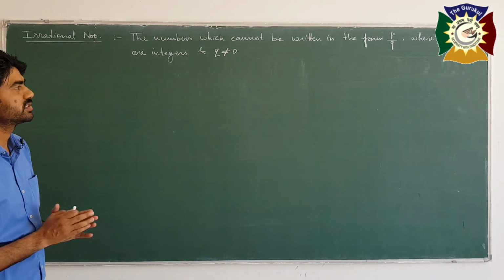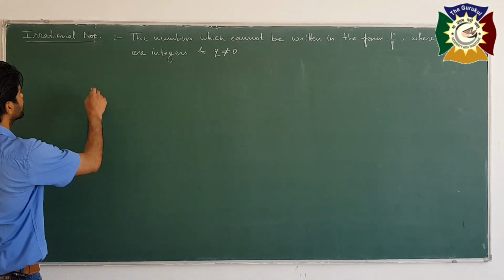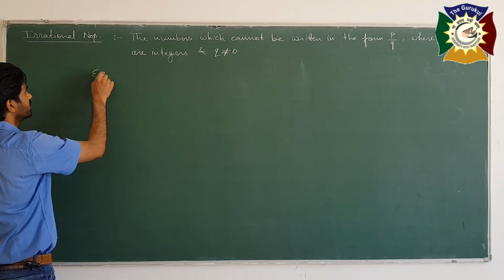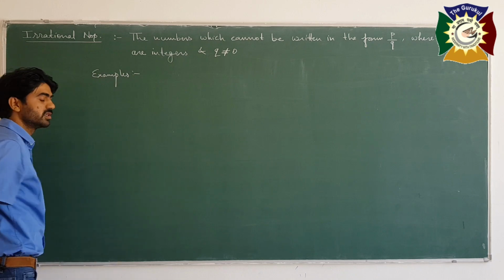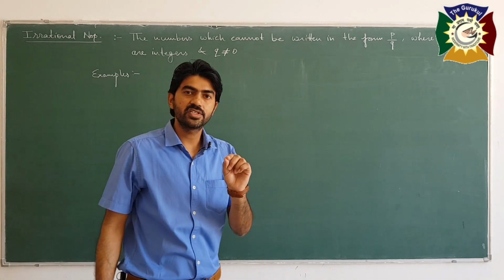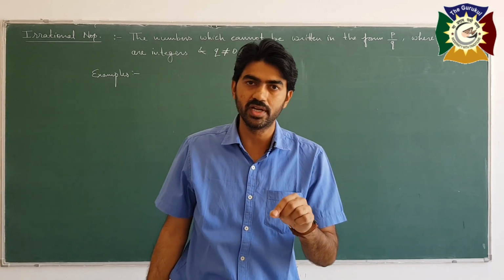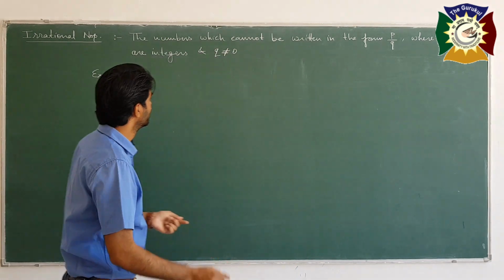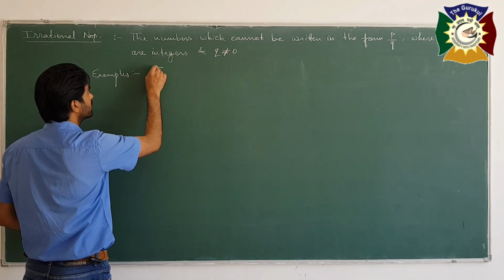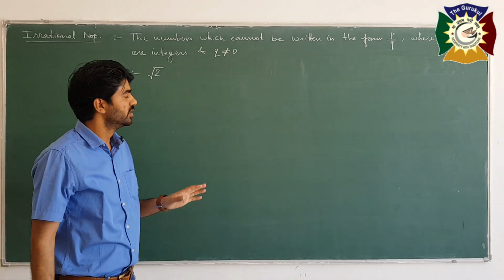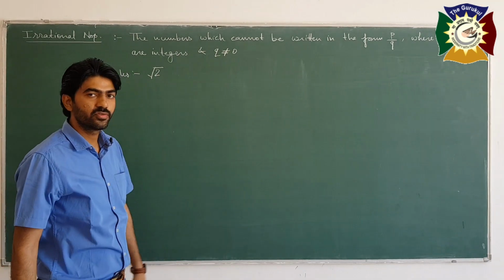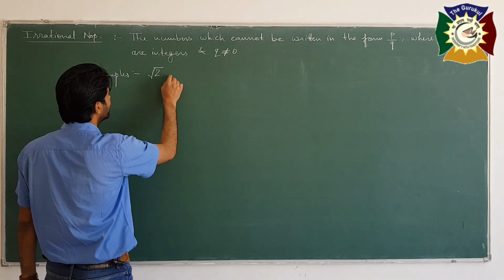So these numbers are irrational numbers. We will take some examples of irrational numbers. Examples: the numbers which are not perfect square, their square root. Suppose square root of 2, because 2 is not a perfect square, so square root of 2 is an irrational number.